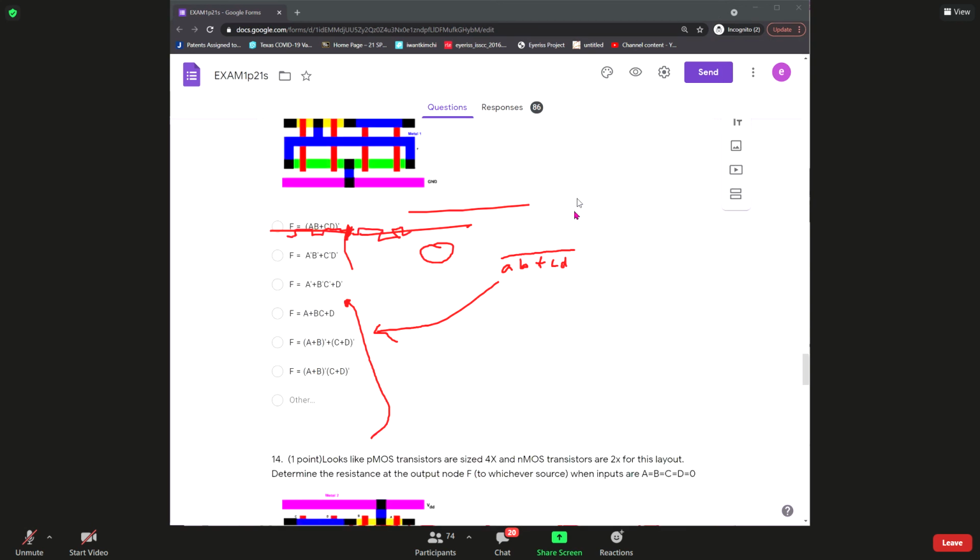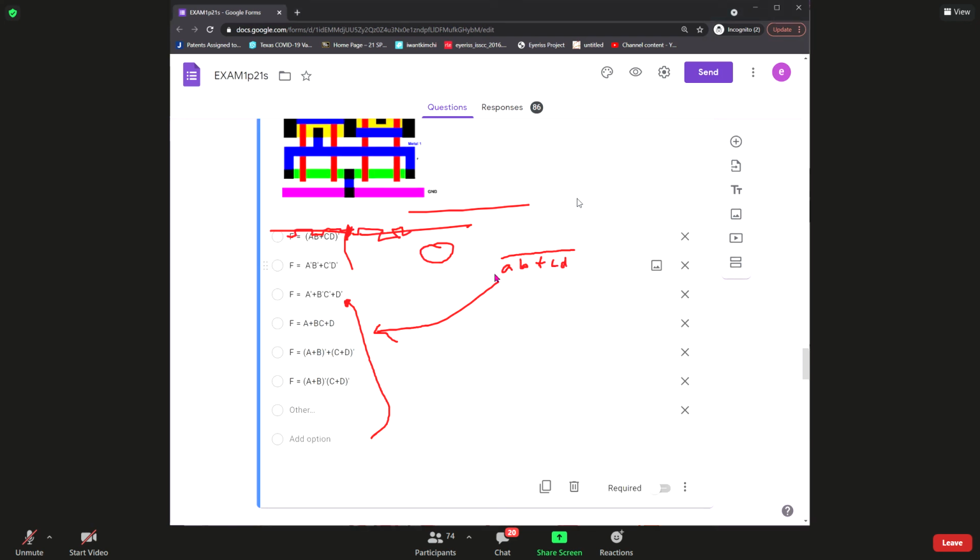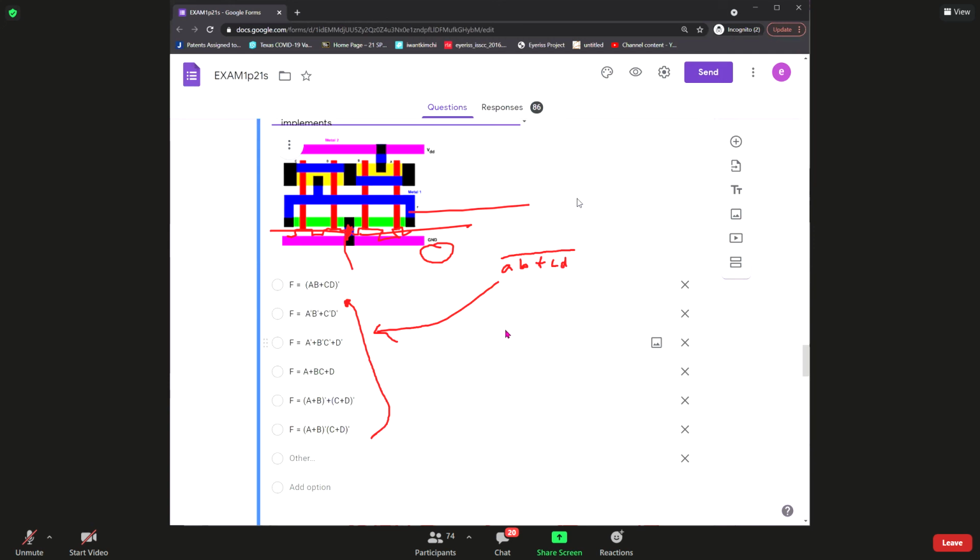Professor, I have a quick question about that layout. Which one? Yeah, that one. How do you know that it's with the bar? That's what confuses me. This bar? Yeah. If this expression is true, logically think about it. If A is true and B is true, what is happening to your output node? Well, you tell me.